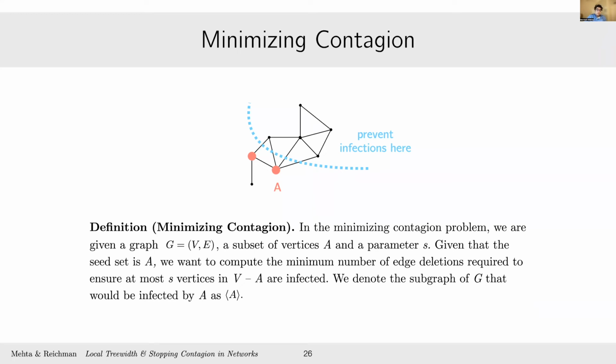You can imagine an extreme case where we just cut all the edges to isolate A. In that case, there will be no additional infections in my graph. But here the goal is to delete as few edges as possible while ensuring that too many infections don't occur in the rest of the graph.